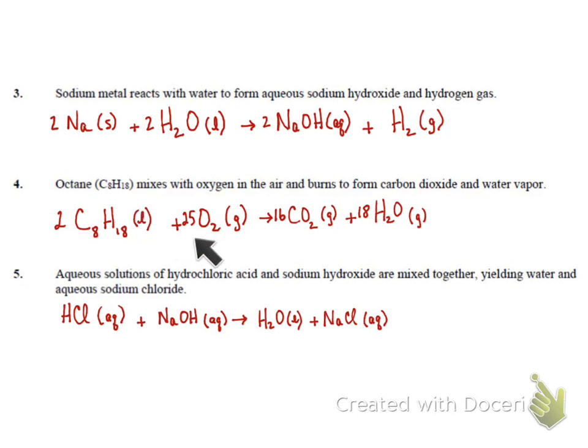This is a typical combustion reaction, and the numbers get pretty big. In order to make it balance with whole numbers, we have to put the 2 here, and that gives us 25 oxygen molecules. The last one, hydrochloric acid plus sodium hydroxide, is already balanced when all the formulas are done, so we don't need any coefficients for that one.